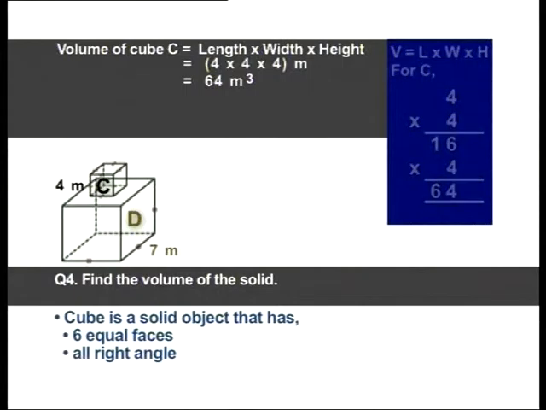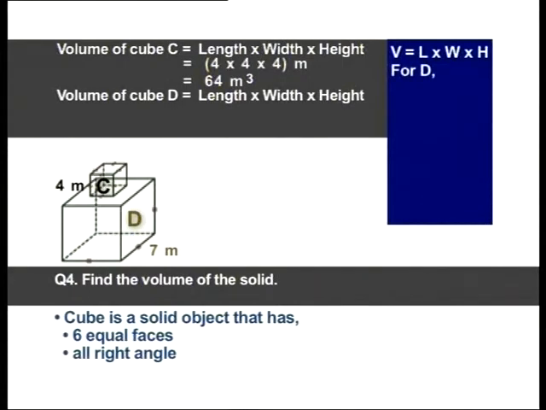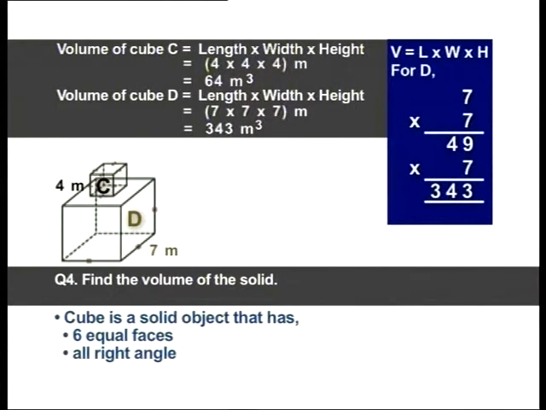As you can see, for cube D, the characteristics of a cube also apply here. So, length is equal to 7 meters, width is equal to 7 meters, and height is equal to 7 meters. 7 multiplied by 7 equals 49, and 49 multiplied by 7 equals 343 meter cubic.